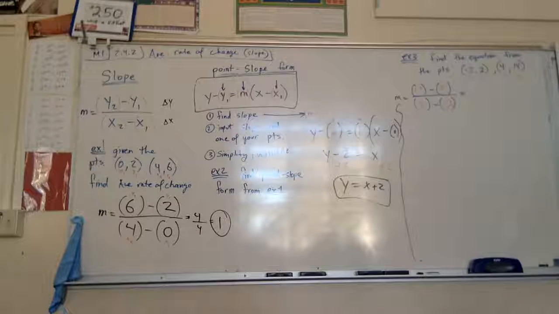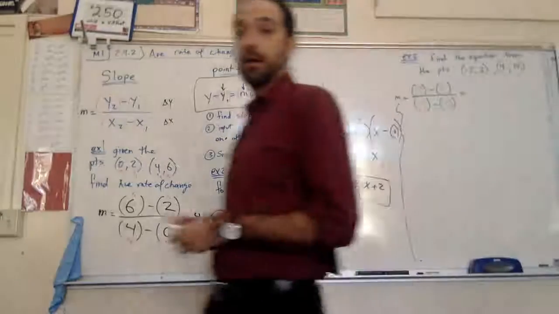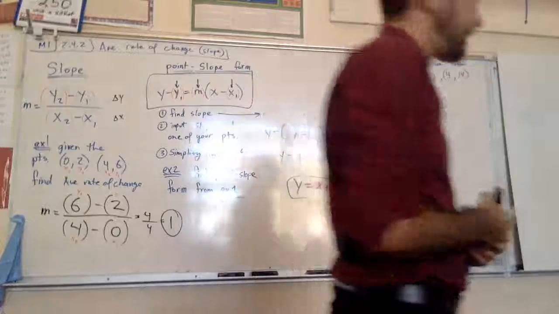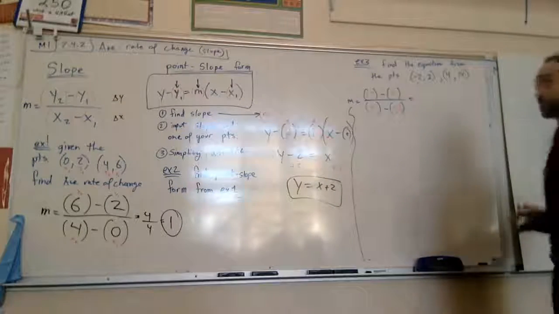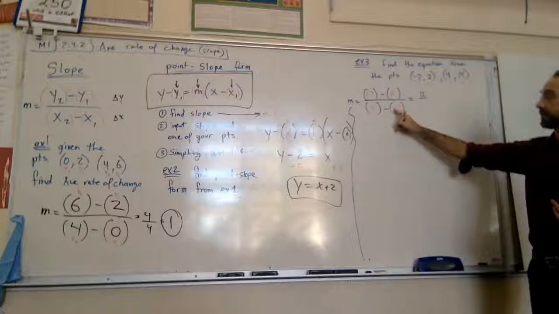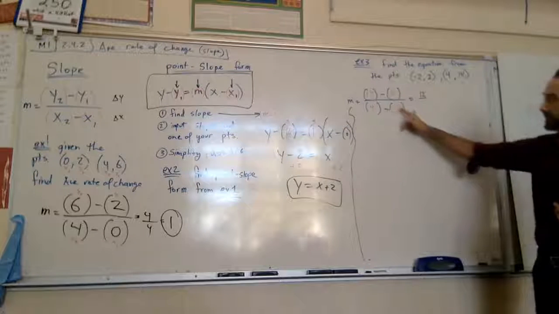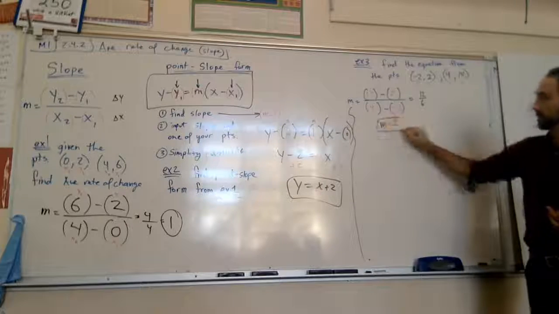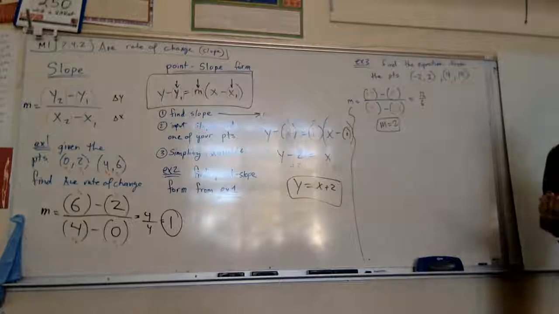You don't mess up those negative values. Let's see. What's 14 minus 2? 12. And then negative makes this positive 2. 4 plus 2, 6. So my slope is 2. Easy. That's like the first step.